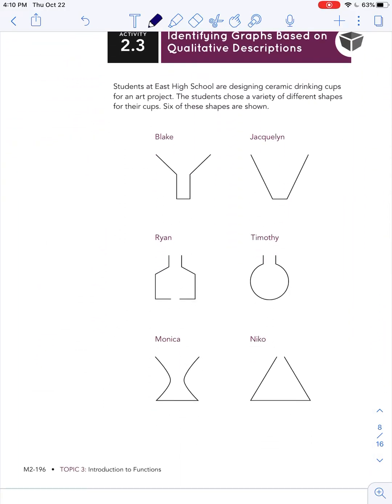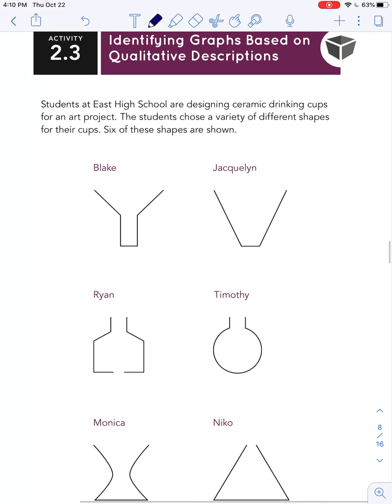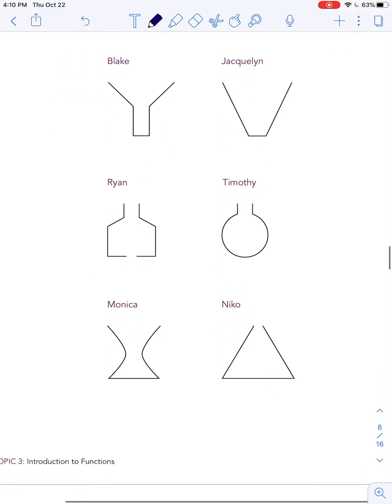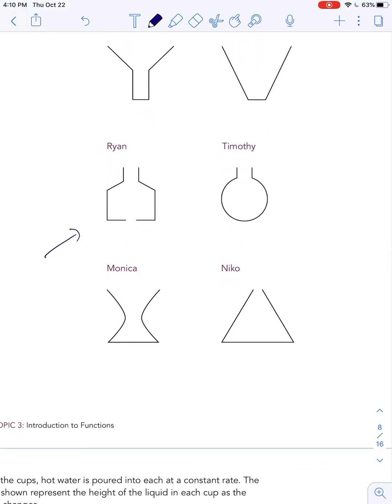Okay. So students of East High School are designing ceramic drinking cups for the art project. The students chose a variety of different shapes for their cups. 6 of these shapes are shown. Would you want Ryan's?